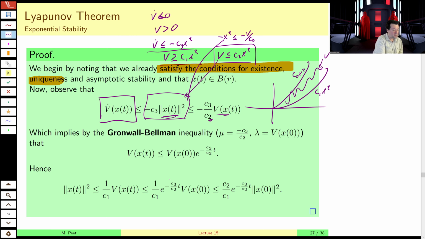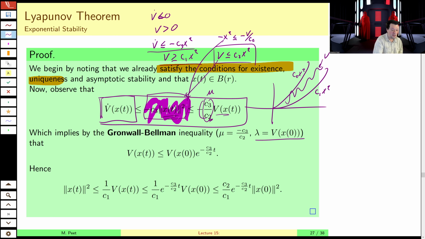And so that condition now here, if we ignore the middle part, we have that v dot is less than negative c3 over c2 times v, and we make that our mu. We'll actually make the whole negative part mu. And we have an initial condition v of x of 0, we make that our lambda.